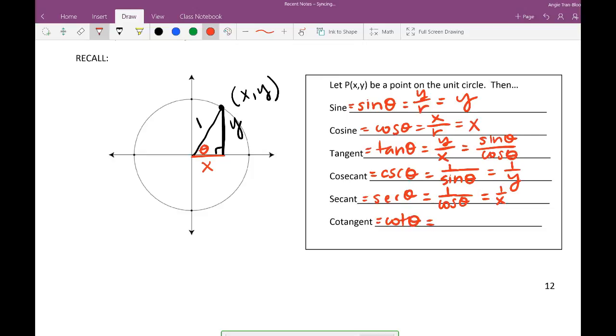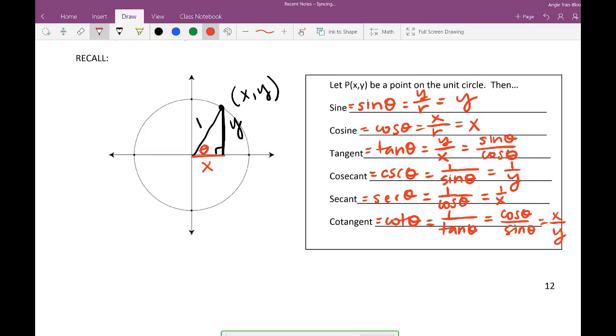Okay. It's the reciprocal of tangent. If I flip tangent, is that similar to cosine divided by sine, class? Yeah. Or if you have x and y, it's like x divided by y. So all of those are equivalent, okay?